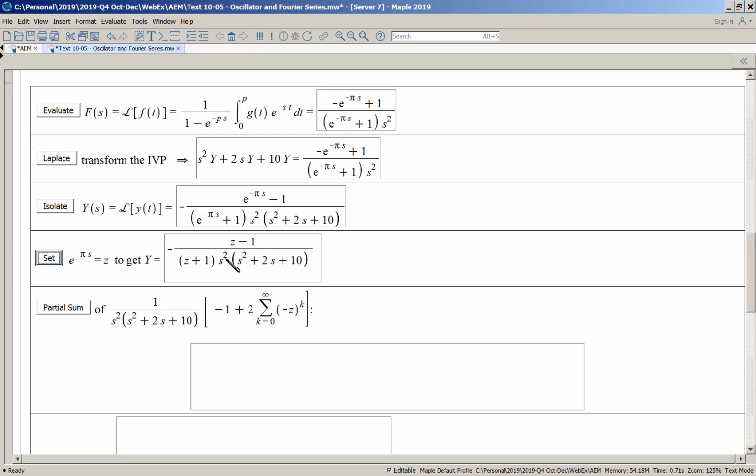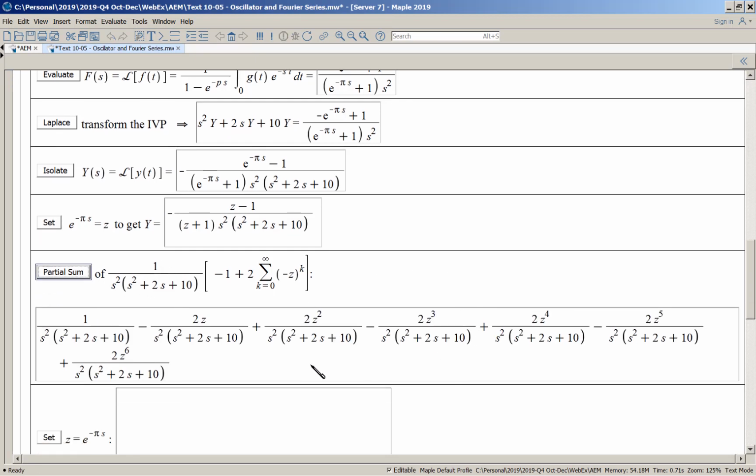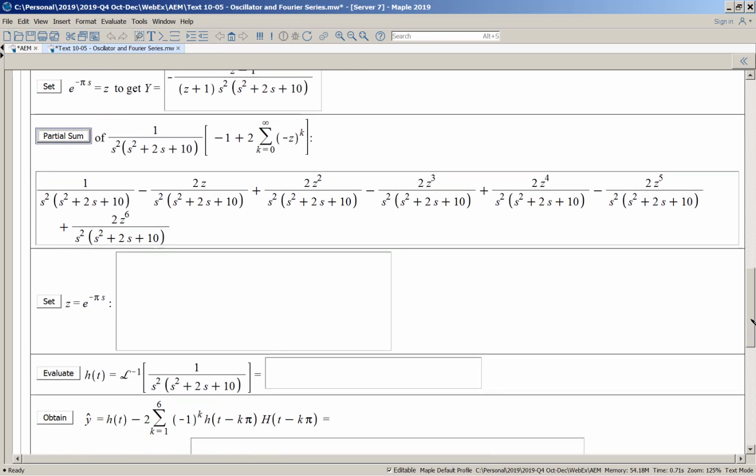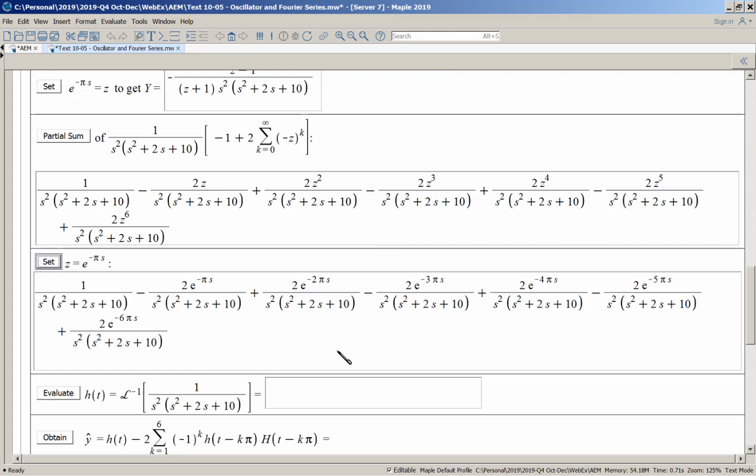The factor 1 over s squared plus 2s plus 10 sits out front, and I'm just going to be looking at a partial sum, and I've gone out to z to the 6. Now we've got to invert termwise, so we replace z by e to the minus pi s, and as we look at this expression, we see that every term has the factor of this first term.